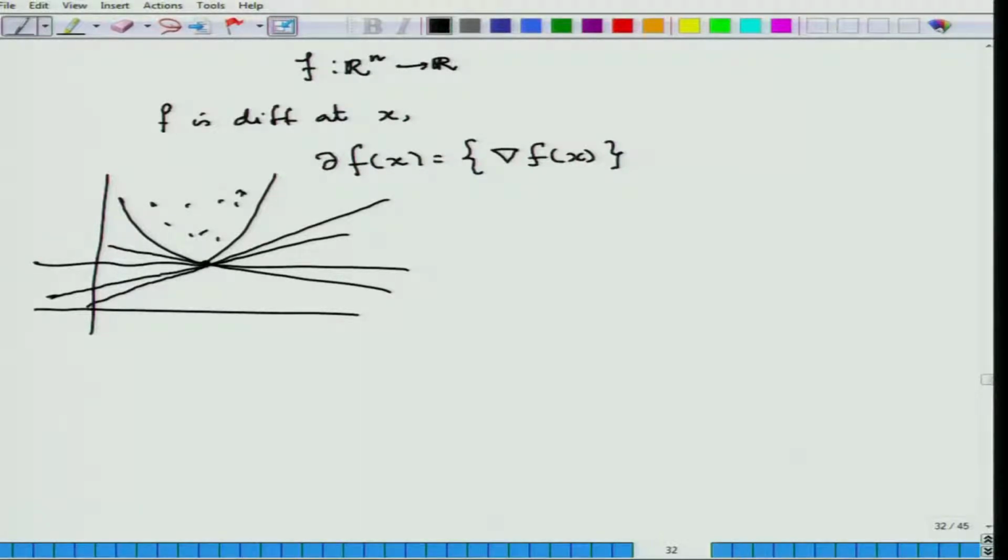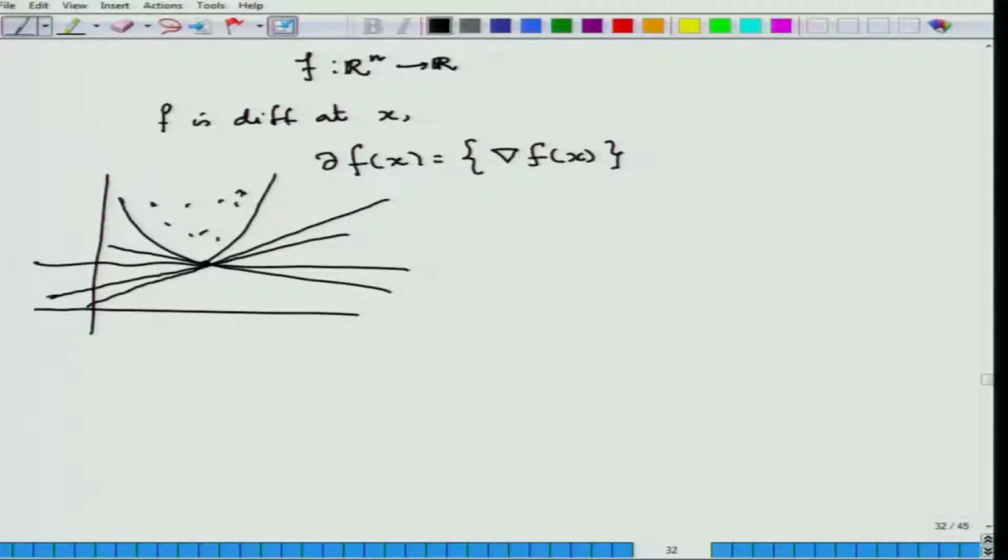So, this is the fundamental idea that is built in, that this is just a convex way of bringing in the fact that the slope of the tangent is a derivative. That is brought in through the convex language, which is the language of supporting hyperplanes, and which brings us to a set rather than just a vector, which is a curious and important point.